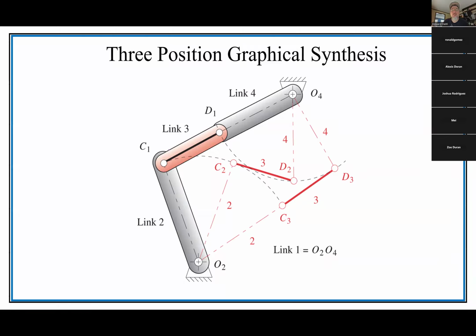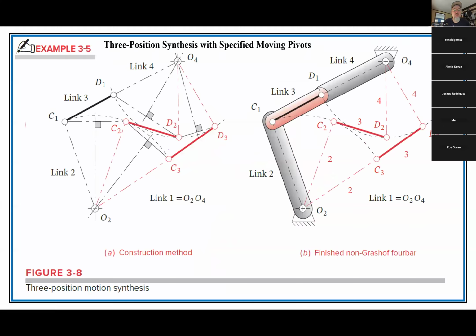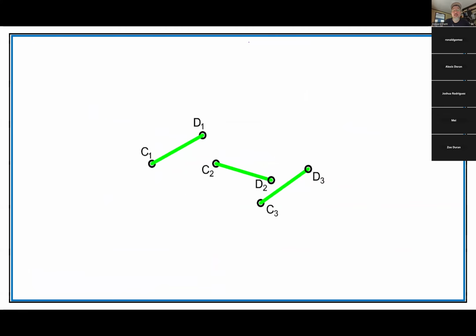So with these 3 positions here, this already shows the solution to it, which is a spoiler, right? But here's the big idea: we want to move between each of these 3 positions. So just like we did with 2 position, we draw lines. You could kind of see them faintly.